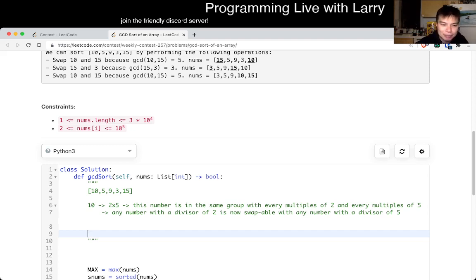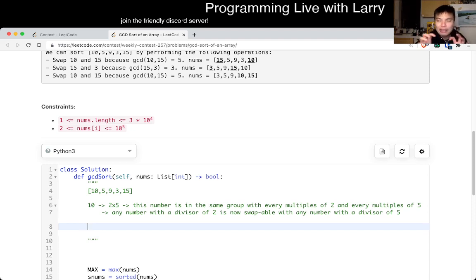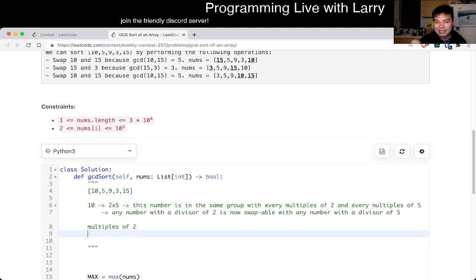So now you define what they call equivalent sets. So now you have multiples of 2 in one set, and multiples of 5 in another set, and now you put them together, right?